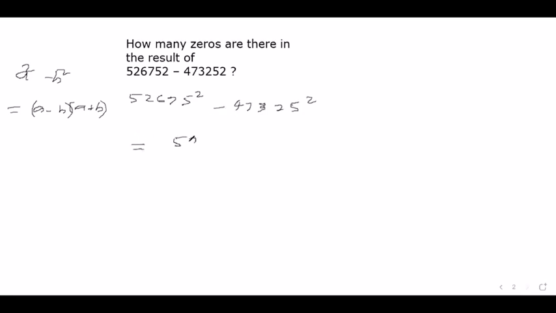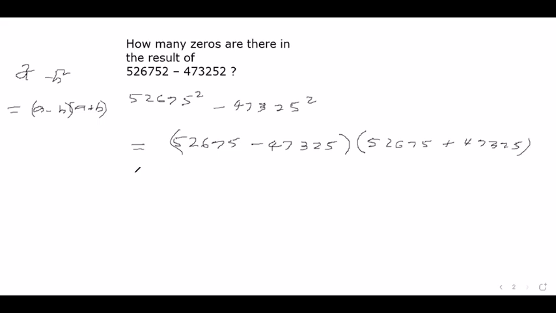So you got 52675 minus 47325. That's your a squared minus b squared. So I'm subtracting these two numbers, and that's the difference between the two numbers multiplied by the sum of the two numbers. And the sum, when you add them up, you get 52675 plus 47325.